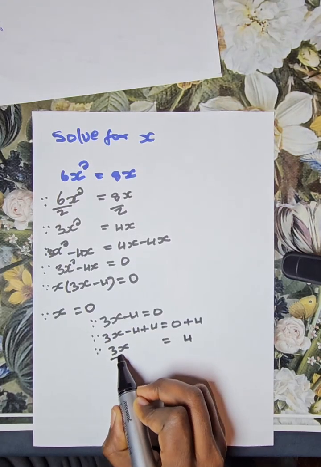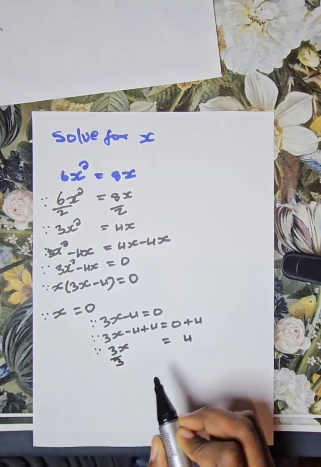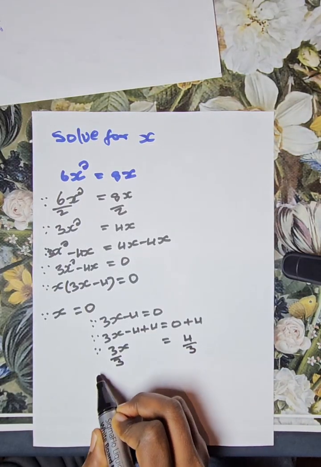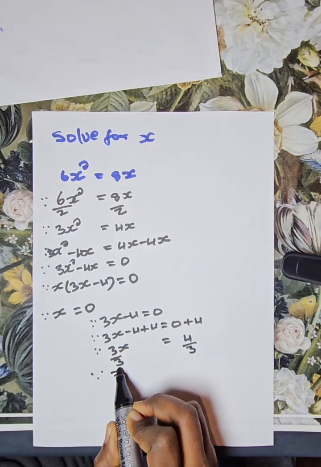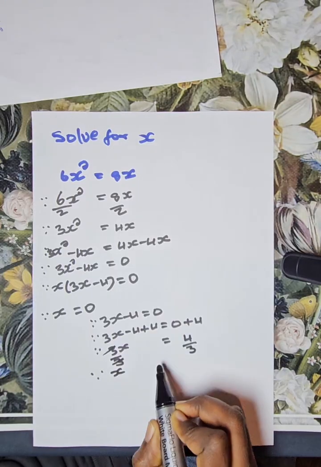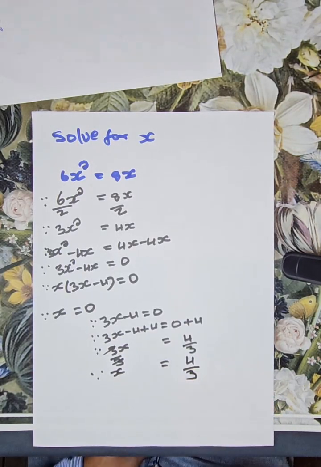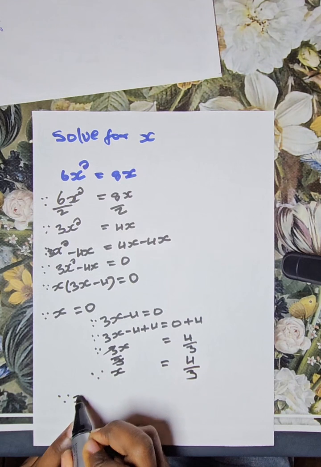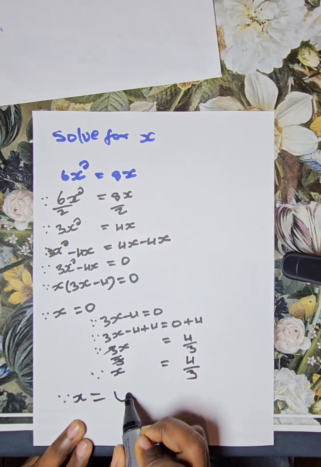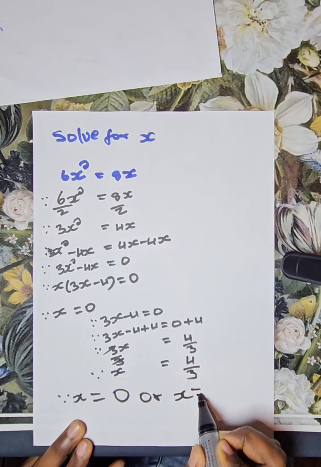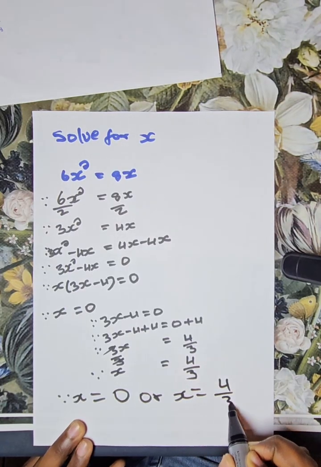How? We divide by 3, and we divide the other side too. Cancel out the 3's. We are left with x equals 4 over 3. Now we have two solutions: x equals 0, or x equals 4 over 3.